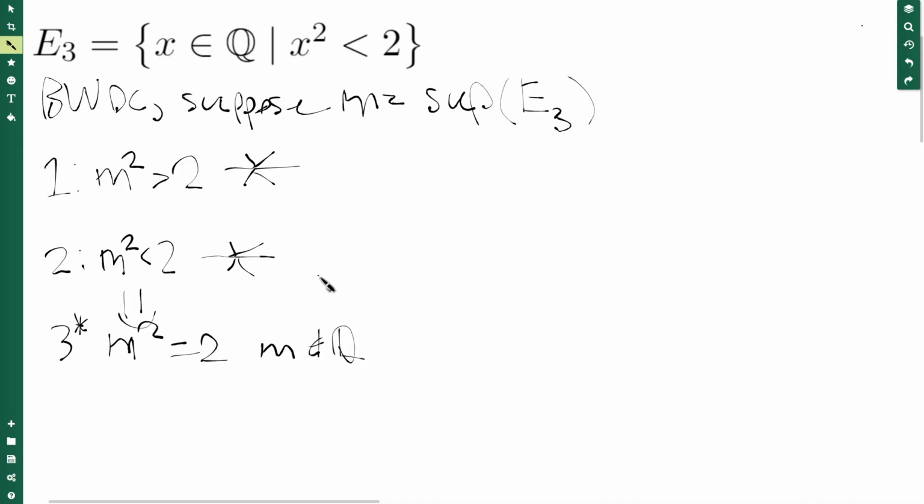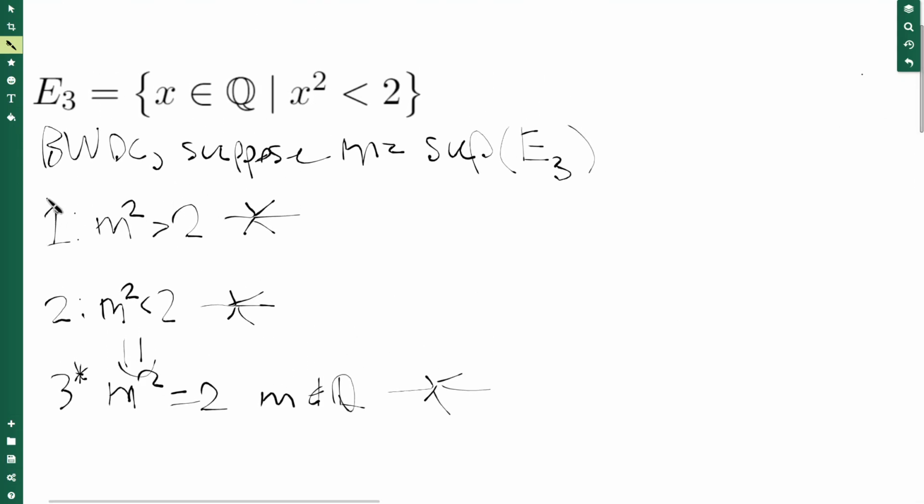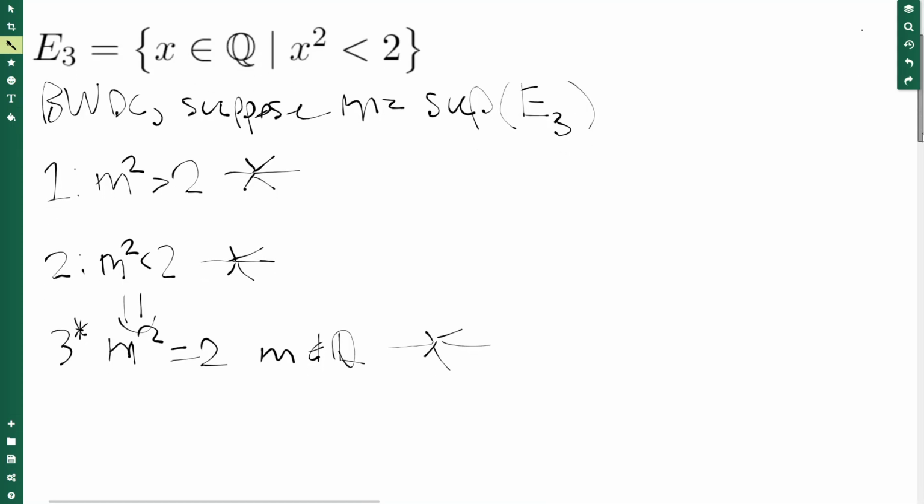And we'll show that this is not in the rational numbers by way of contradiction. So this is our final contradiction. I encourage you to try this right now. I gave a structure for the proof, and I think it's fairly doable to try this on your own. So if you want to do that, pause the video, but I'll continue on.